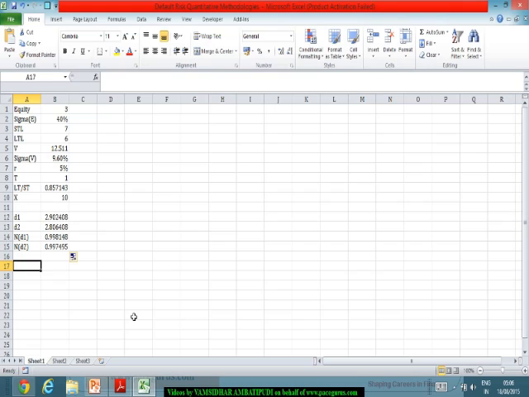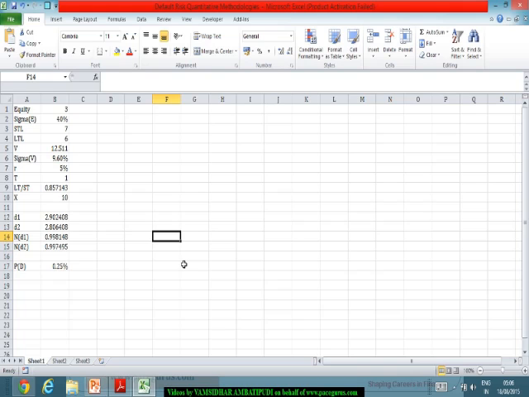If I want to find the probability of default, we say N of minus D2, which is nothing but 1 minus N(D2). So the probability of default that comes out through this Merton model is 0.25%.